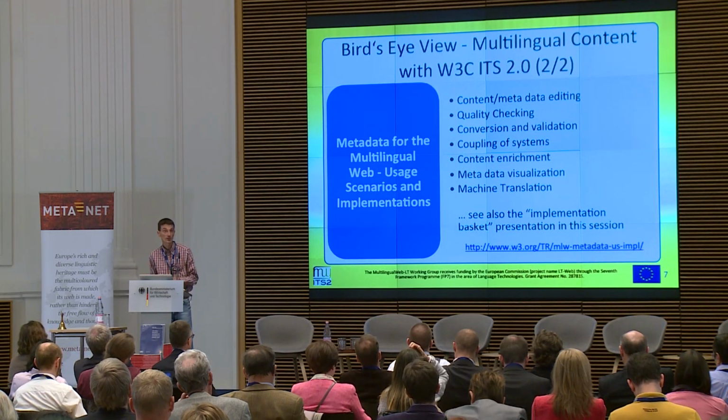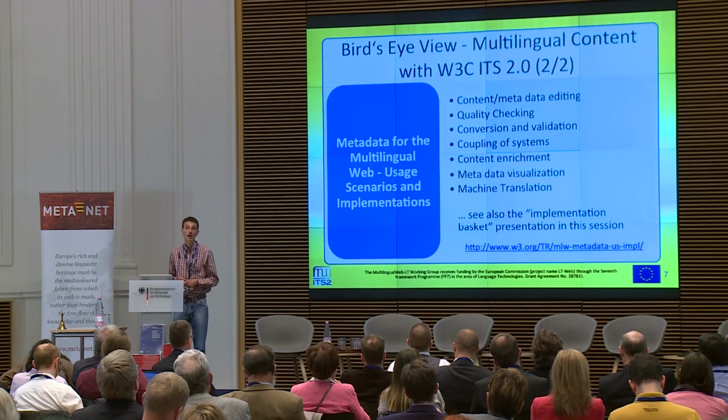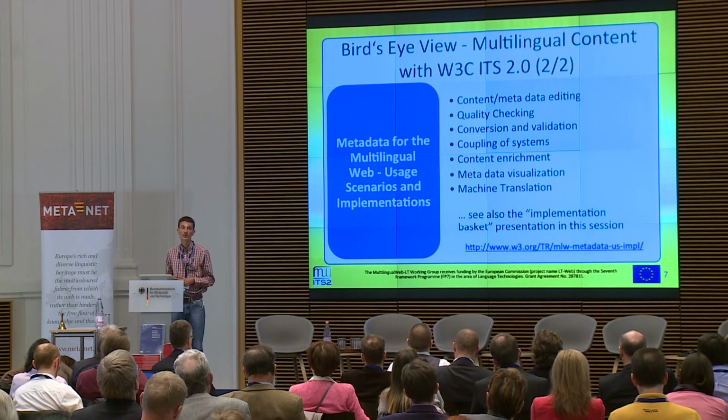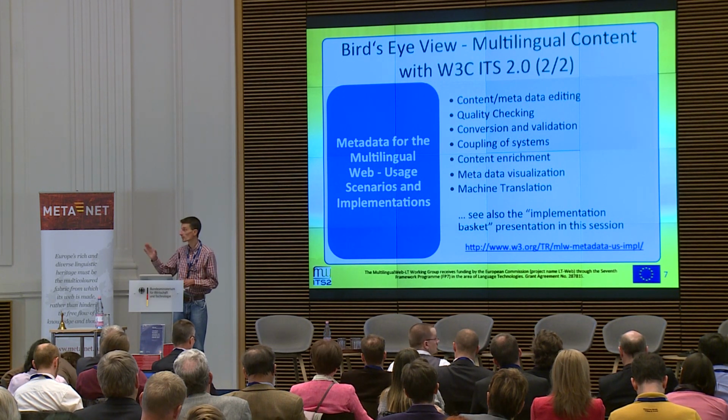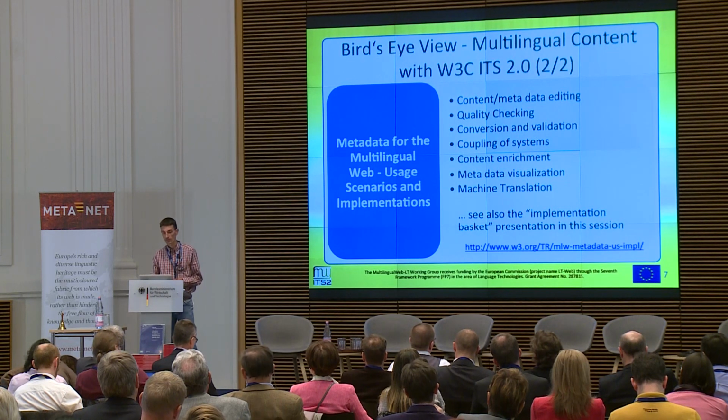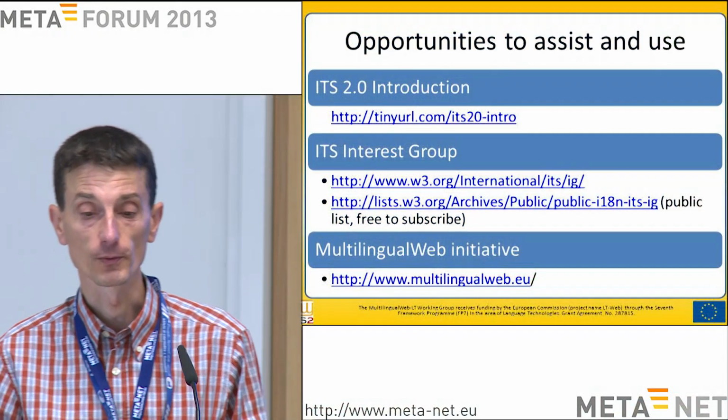It's about content enrichment, for example, identifying named entities in a text. It's about metadata visualization. So if you have some metadata hidden on your HTML page, you can visualize it so that you can make use of it. And one specific area that has received much attention is machine translation. All of these usage scenarios will be explained in the implementation basket that will follow this short overview.